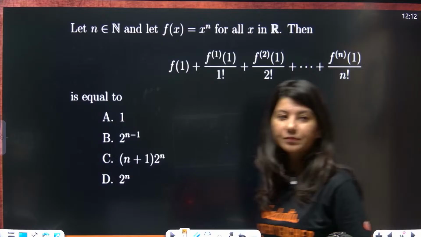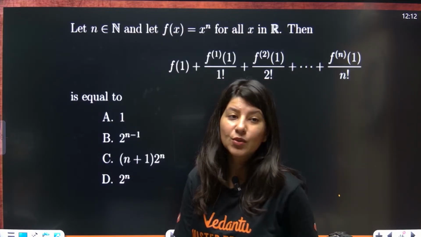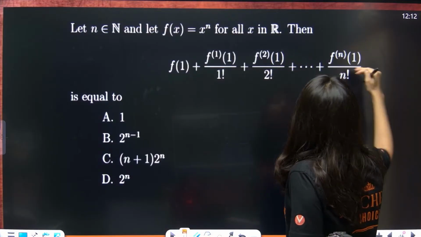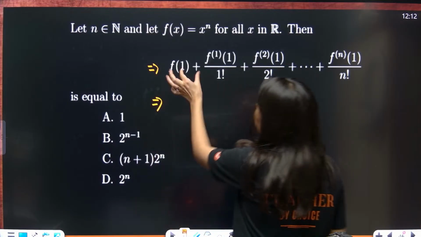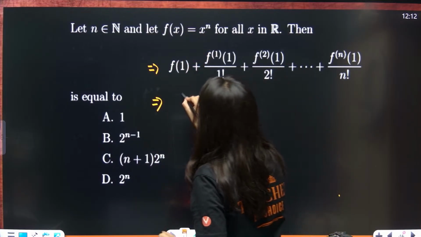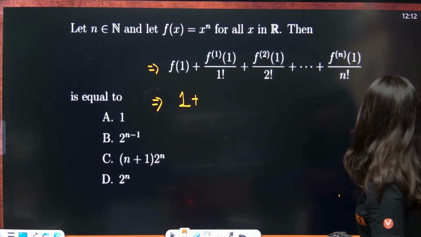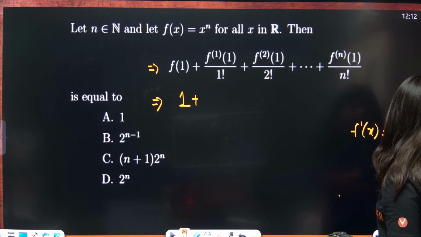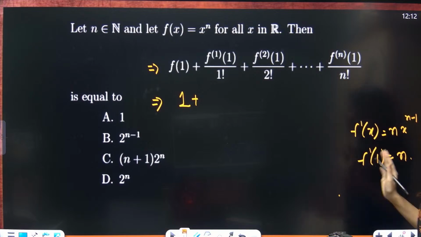Okay. All right. So now the question says f(x) is equal to x raised to power n. Then we are looking for the value of this. So one by one, let's plug it in. f(1) is 1 plus this is f dash 1. So f dash x will be n x power n minus 1, and f dash 1 will be just n.